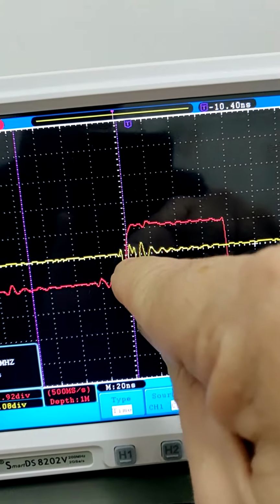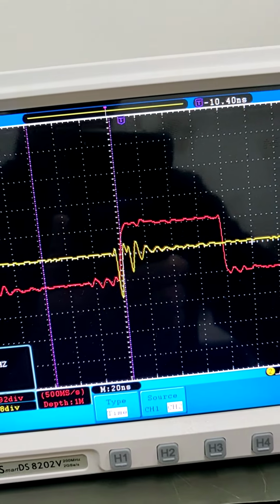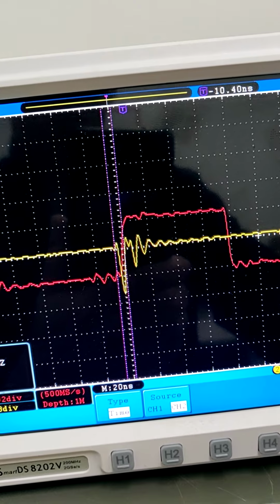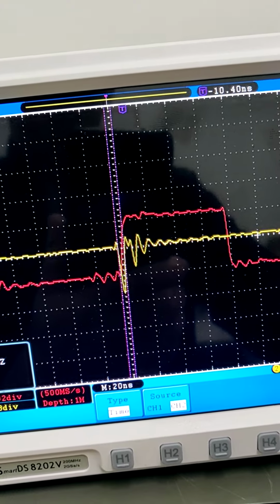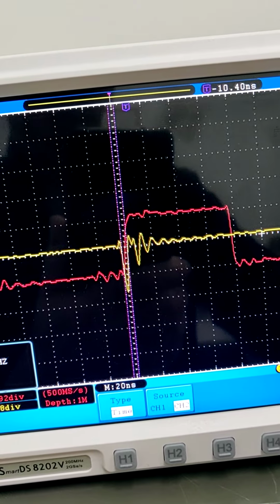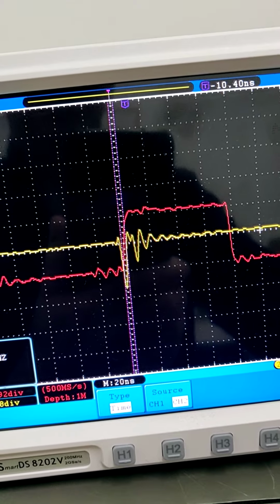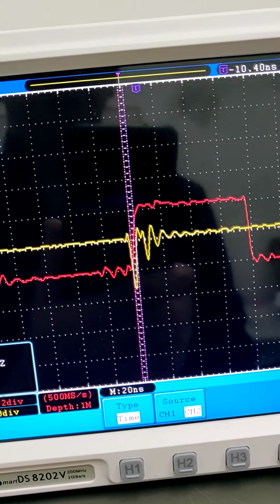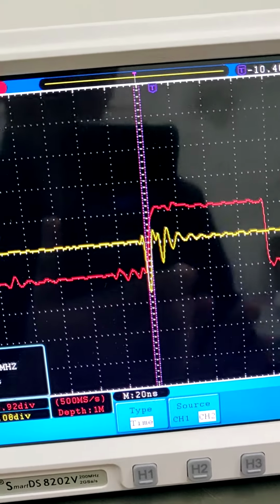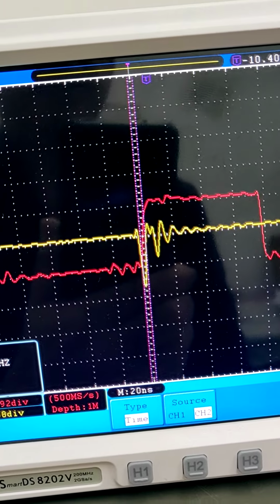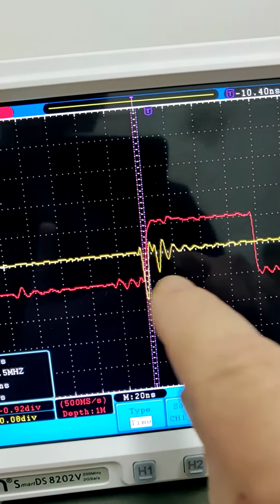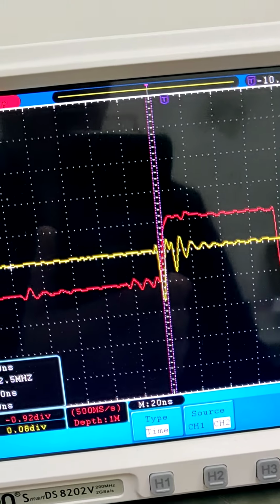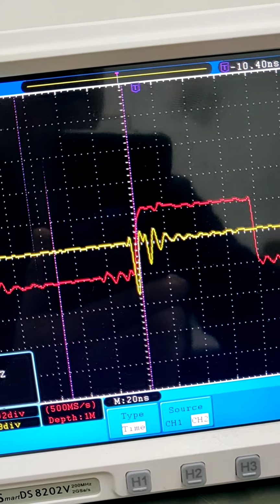I put it here on the yellow in the middle, about, and I take the second one, also put it on the other side, and you see it's about 3.2 nanoseconds. Of course this is the pulse width, which is denoted by the yellow line. The red line is the trigger. So I'll take the cursor out.